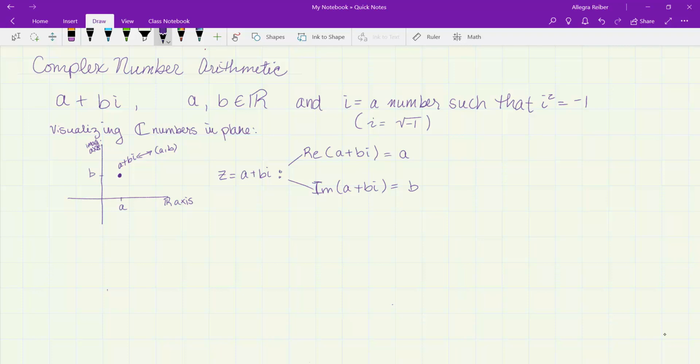So the imaginary part of a number isn't bi, it's usually just denoted by the coefficient on the imaginary part. This is an important thing to keep in mind as we move forward. We're going to need to be able to use that distinction. So we notice that whether you talk about the real part or the imaginary part of a number, we are always talking about a real value.